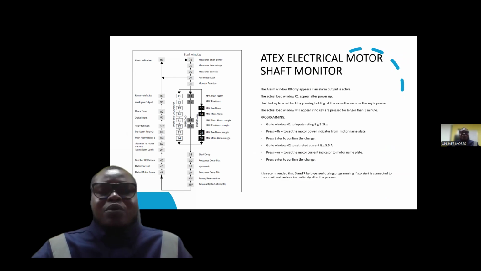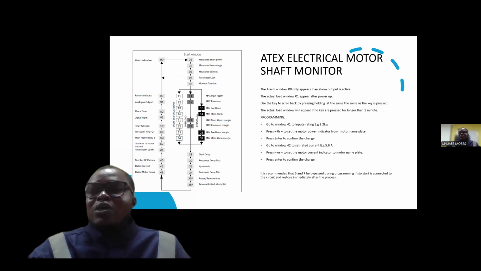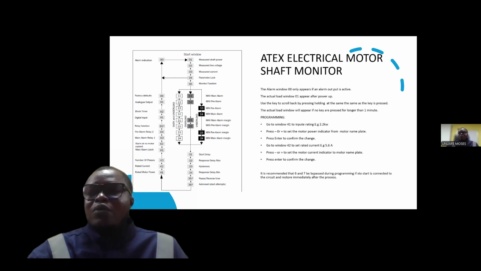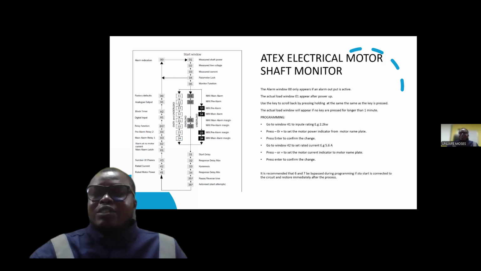In this start window, 00 means alarm indicator, 01 is the major shaft, 02 is the major line voltage, 03 is the major current, 04 is the monitor functions. Then 13 and 14 are the minimum pre-alarm and the main alarm margin, that is for overload and underload.